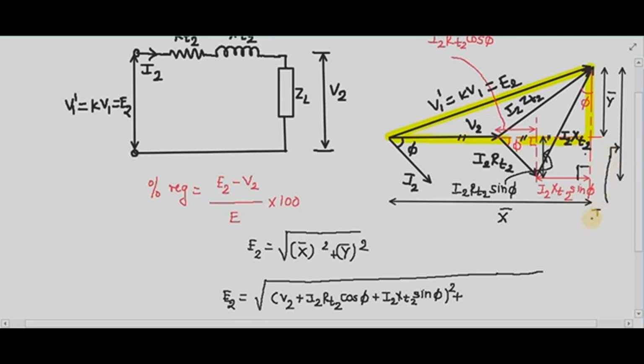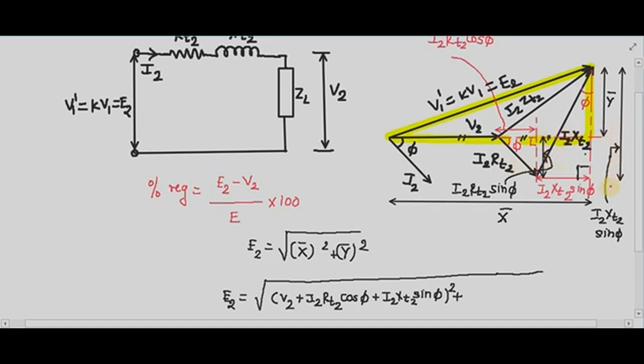So this highlighted y component is nothing but this total length minus this length. So it is I2 XT2 sine of phi minus I2 RT2 sine of phi.